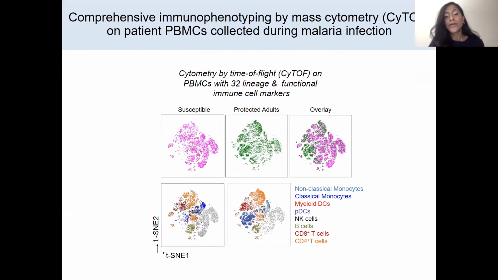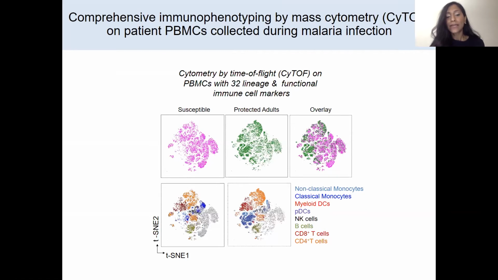And what I'm showing you here is a summary of that data in a t-SNE plot, which is a reduction of those 32 parameters onto a 2D plane, clustered based on their cell expression profile. And what I hope you can appreciate from the top panel is that if we look at the clustering of these cell populations in our susceptible patients in pink versus our protected patients in green, what we found is essentially distinct clusters of cells present in our protected patients compared to our susceptible patients.